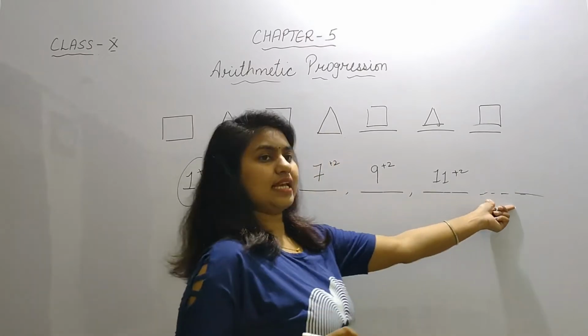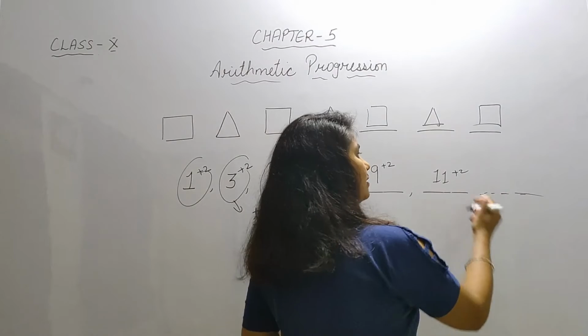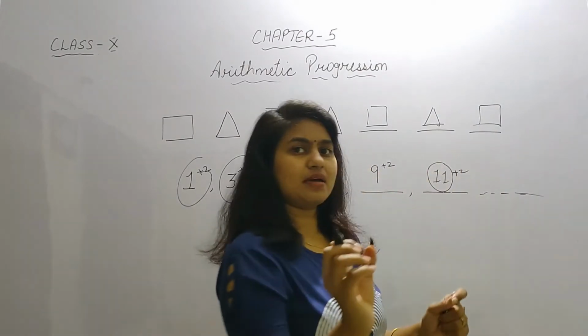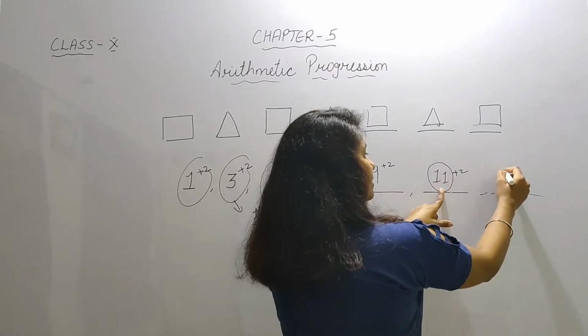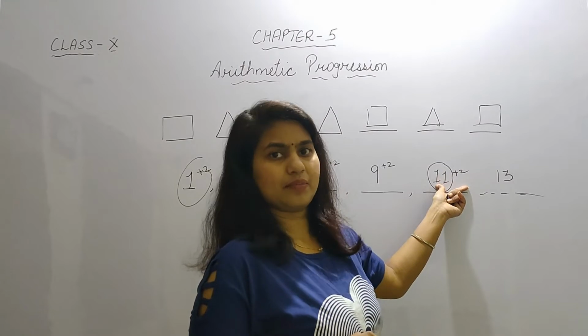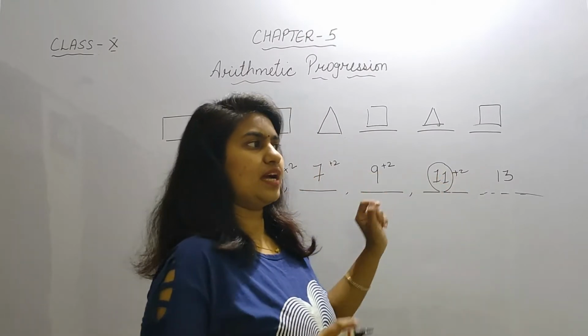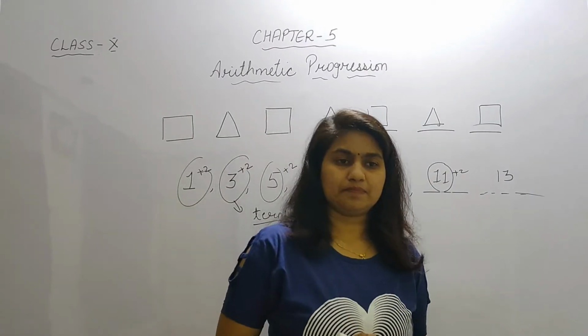If they ask what is the next term after 11, you add the fixed number or common difference to it, and then you will get the next term, right? So this is the preceding term, and we have to add a particular number to get the next term.